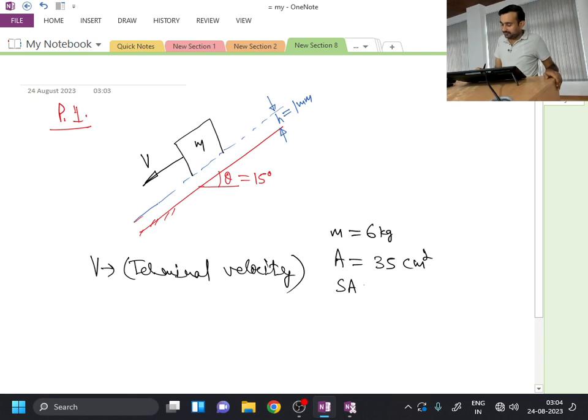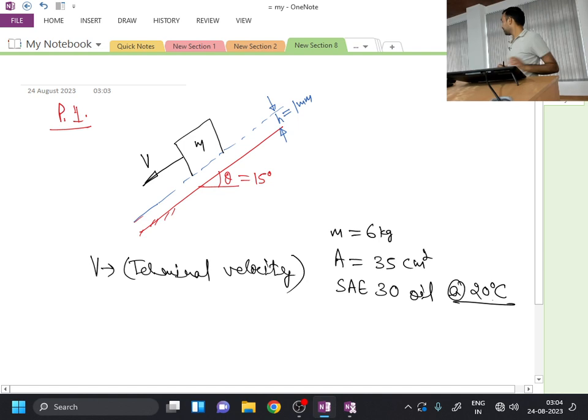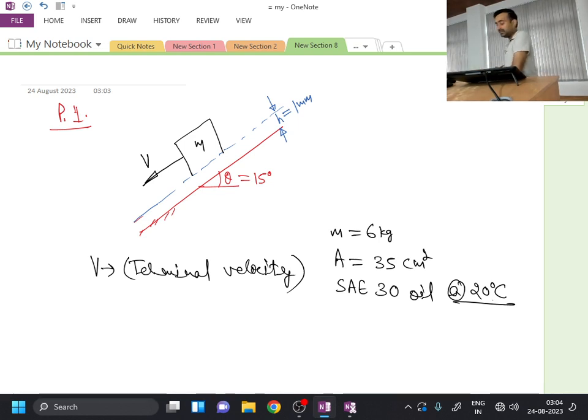It is given in the question that we have SAE 30 oil forming this liquid film, and this oil is at 20 degrees Celsius. So now we have to refer to the property table and determine the viscosity of this oil.